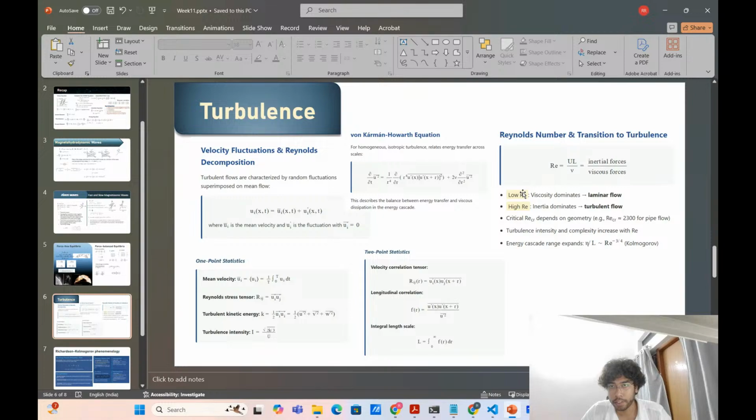If the viscosity dominates, it dissipates all the turbulence, so we have a laminar flow, whereas in the case of high Reynolds number, where the nonlinear advective term dominates, we have turbulent flow, right? So this is for turbulence.